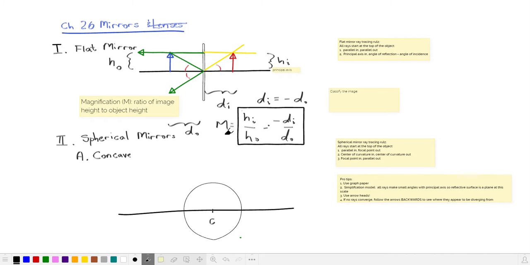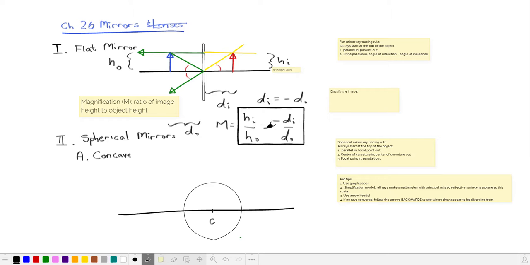Now it's equal to M, and M is the ratio of the image height to the object height, HI over HO. So if the image height is greater than the object height, then M is greater than 1, and if the object is bigger than the image, then the magnification is less than 1. So even though we use magnification normally to mean enlarged, it doesn't necessarily have to mean that it's bigger. It only means it's bigger if the magnification is bigger than 1.